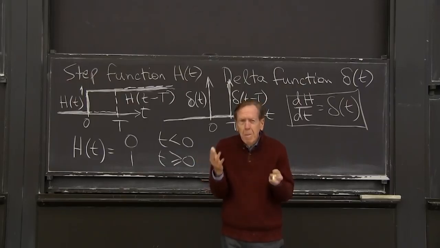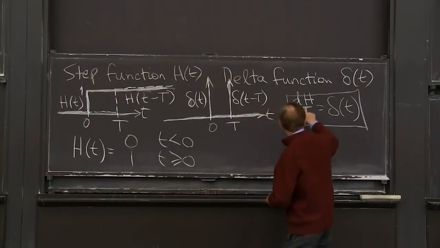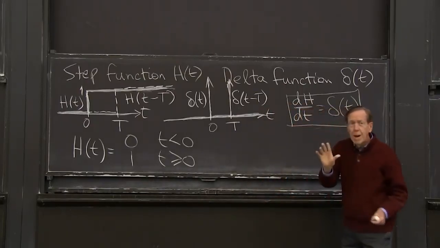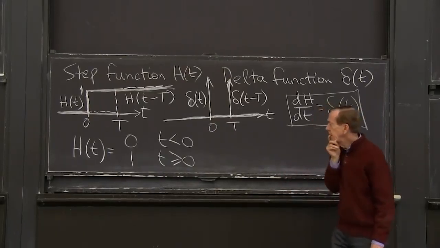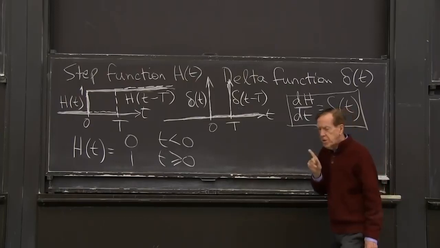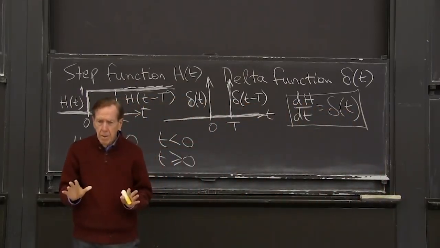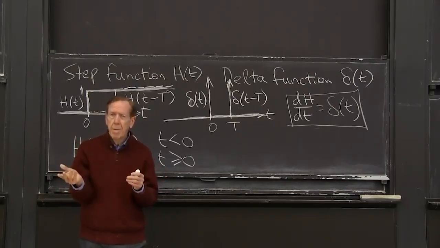They're just not quite perfect for calculus, because the derivative of the step function is not quite legitimate at the jump. Okay. But the part of calculus that works correctly is integration.